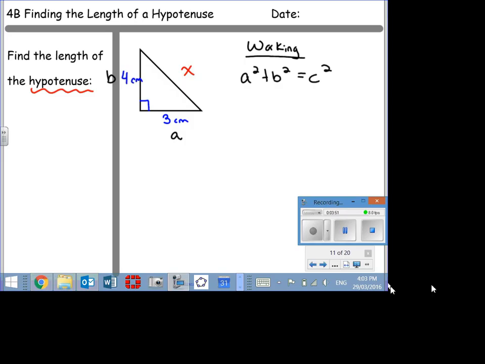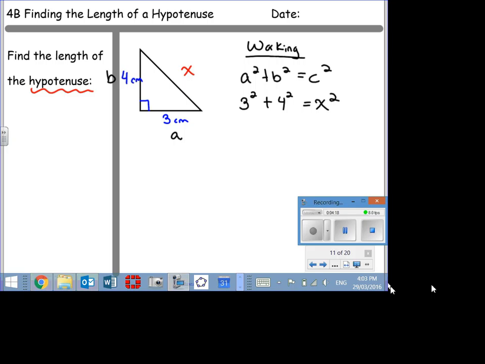As long as your A and B are the two legs of my triangle, it doesn't matter which one is which. So I'm going to go ahead and say that 3 is A, so 3 squared, plus my B is 4 squared, equals my unknown, which is C squared. Now in my picture, C is labeled as X. So I'm going to go ahead and put X in so that my work matches my diagram.